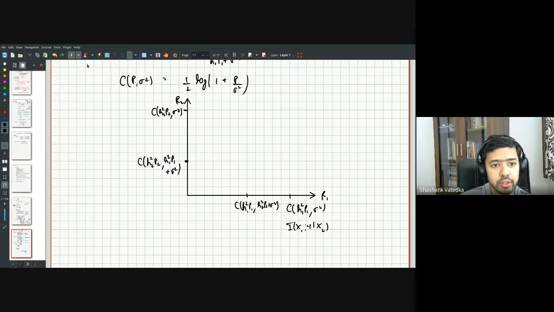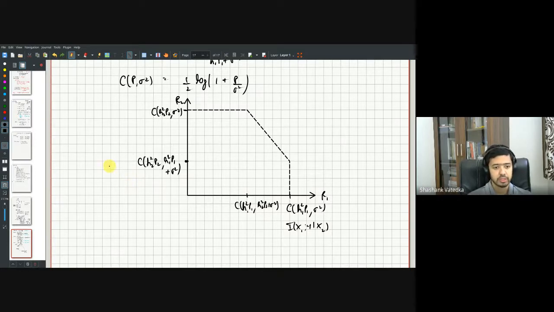So the corresponding pentagon would look something like this. We have all the way over here. This goes from here to here. Right, so this is what the pentagon would look like corresponding to this particular distribution.